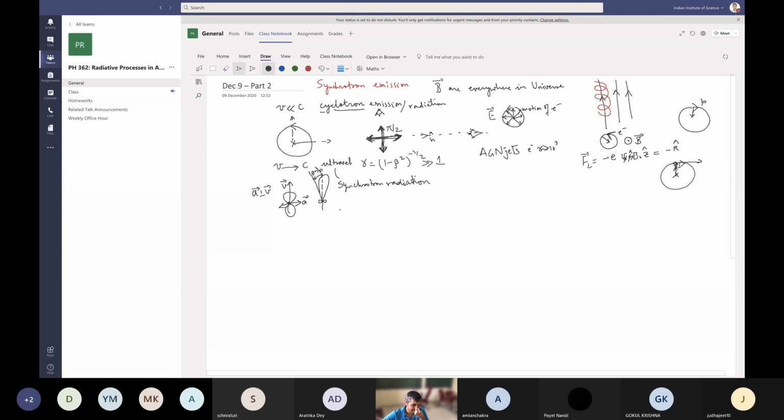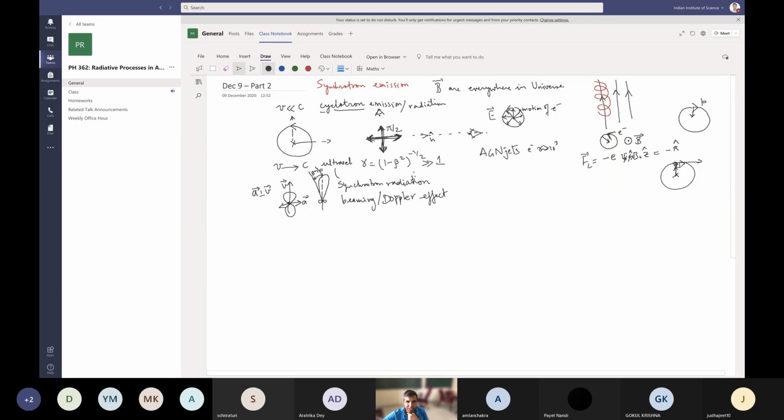Because of these fast moving particles, the simple dipole nature of cyclotron emission totally changes when the speed approaches the speed of light, because beaming and Doppler effects change the nature of the emission in the lab frame.